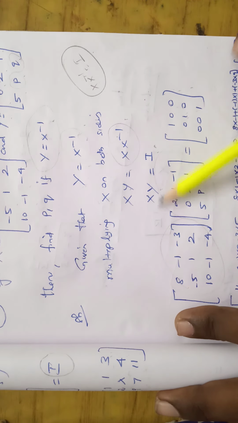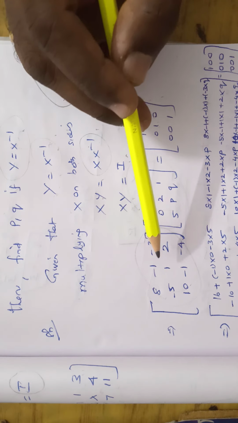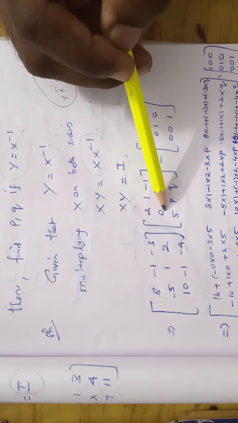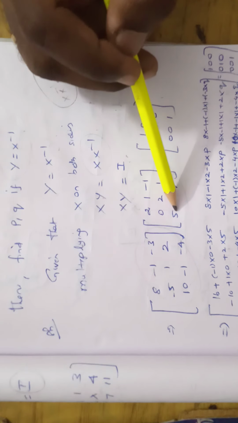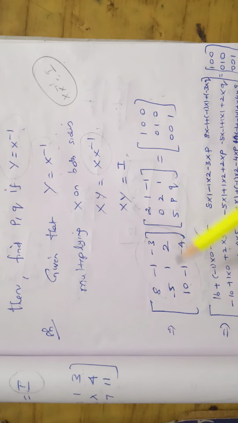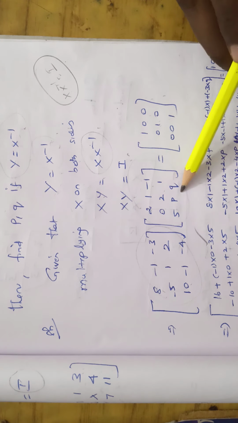First we have to multiply these two matrices. First row multiplied by first column: 8 into 2 is 16, plus minus 1 into 0, plus minus 3 into 5. Again, 8 into 1 minus 1 into 2 minus 3 into p.